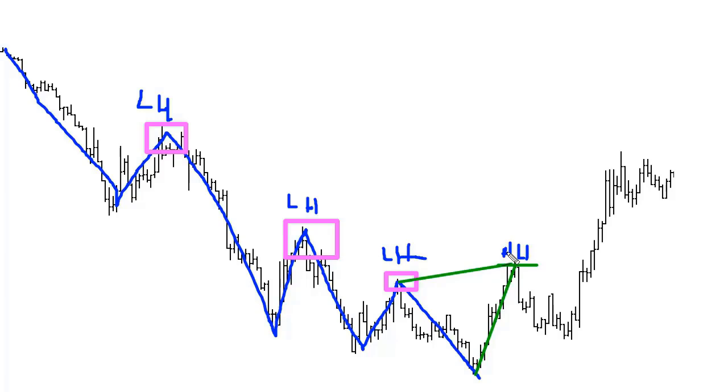That's potentially an upward trend. We're not making lower highs anymore, so the market may be running out of steam on the downside, and we may be changing tune. We may now be going through what we call the power reversal method from a downtrend to an uptrend.